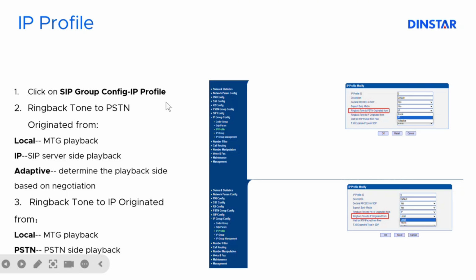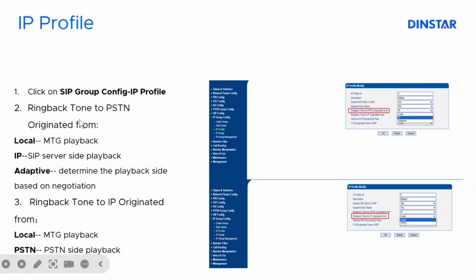Okay, let's look at the IP strategy, meaning the ringback tone. Since the MTG works as a trans device, sometimes the code side may not provide a ringback tone. So in this case, the MTG can generate it locally. We can configure the ringback tone source based on the call directions.